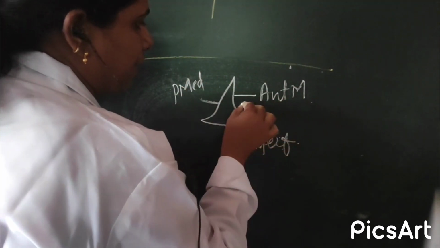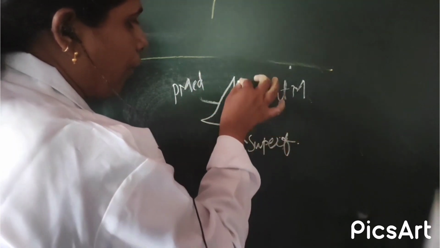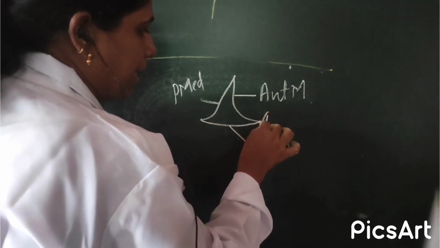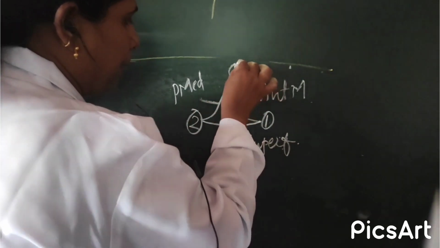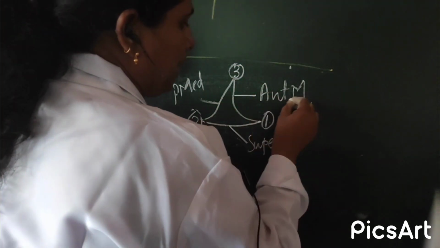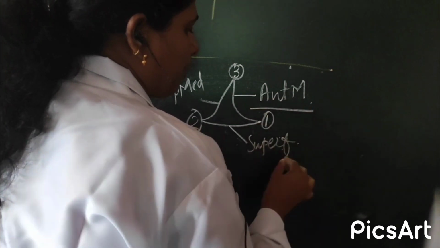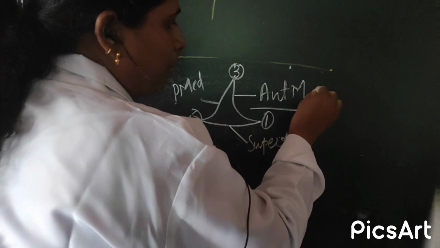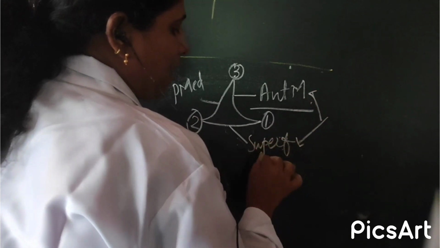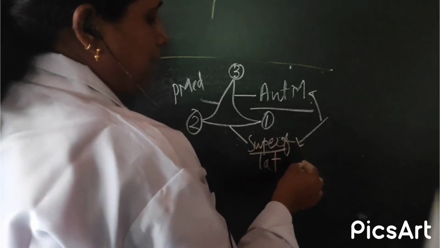These surfaces are separated by means of borders: the anterior border, posterior border, and the medial border.